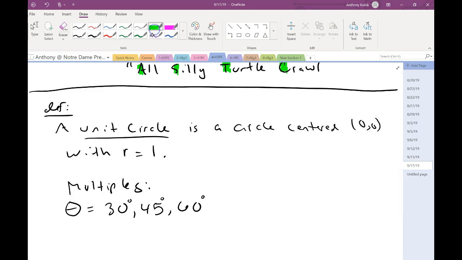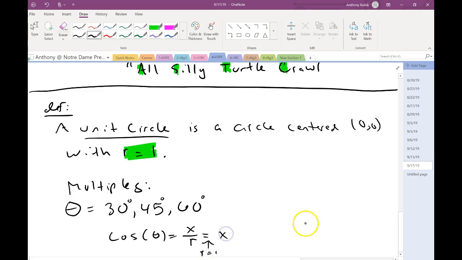Now, if our unit circle has radius 1, our definition for cosine of theta we said was x over r. If r is 1, cosine just becomes x, and sine becomes y.